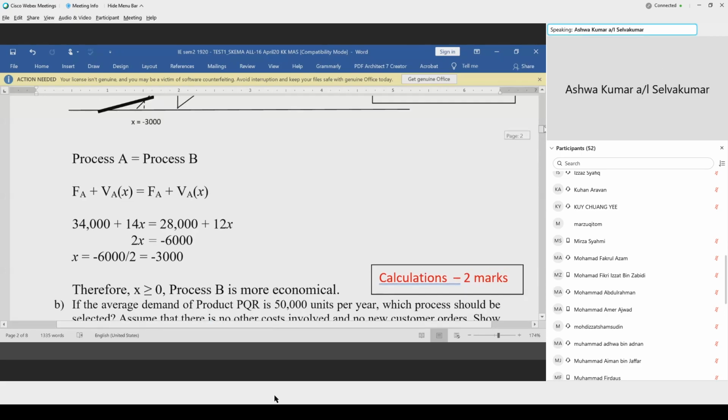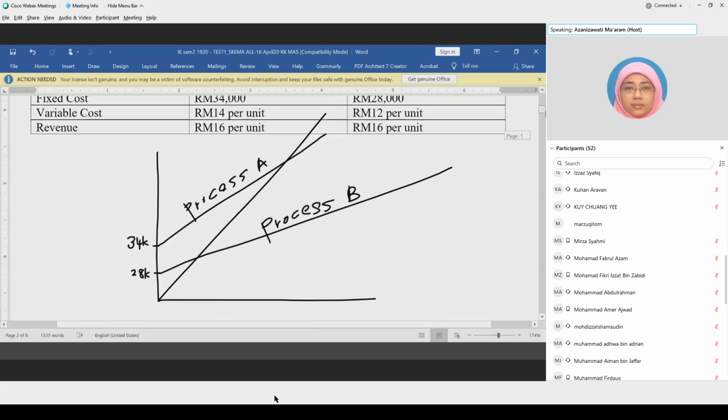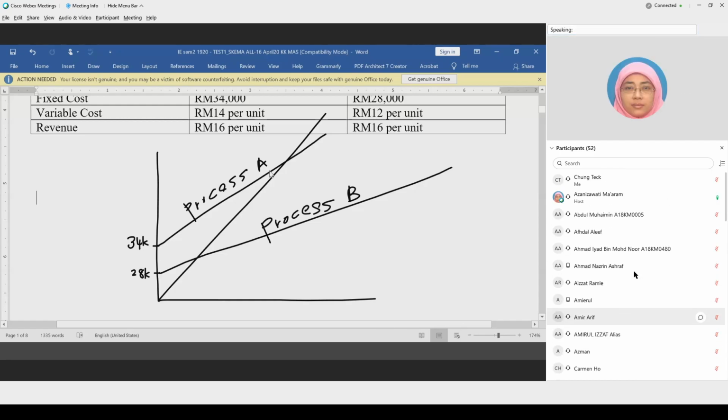Now how many lines cross? If you have 2 processes and then you include the revenue, you have 3 lines. With 3 lines, you will get at least 2 points where the lines cross.